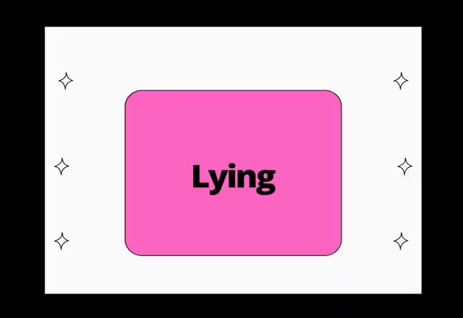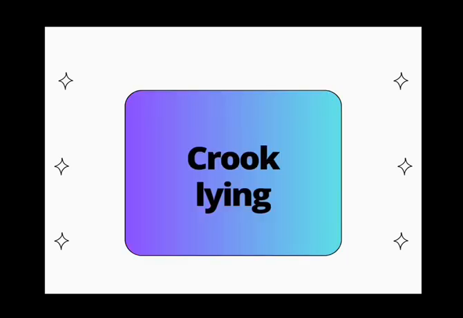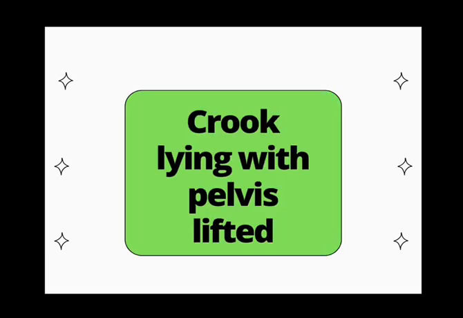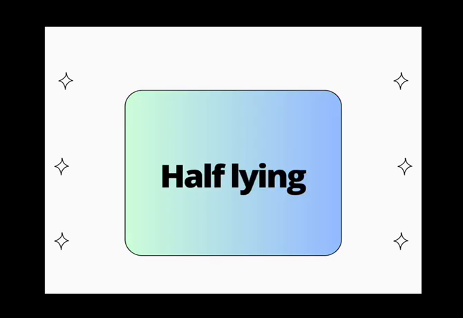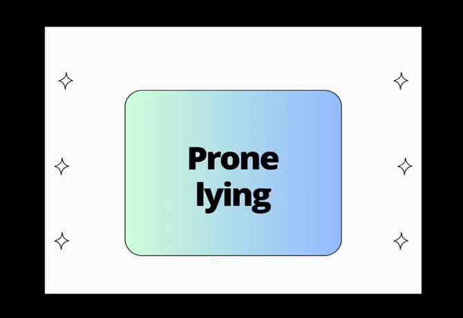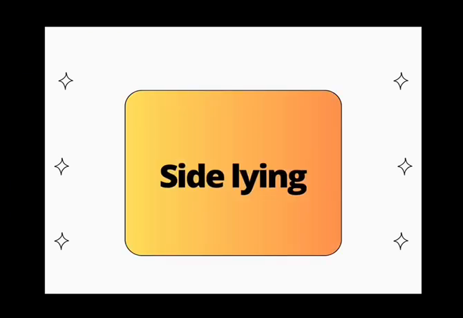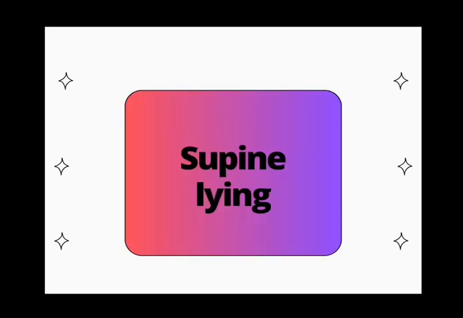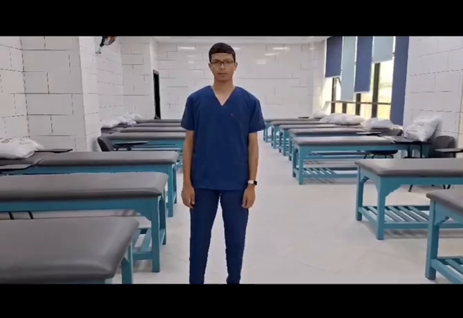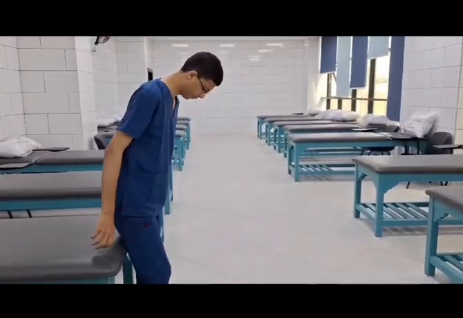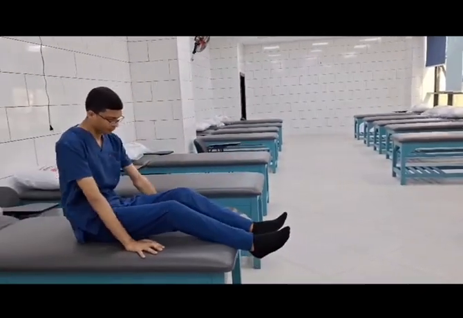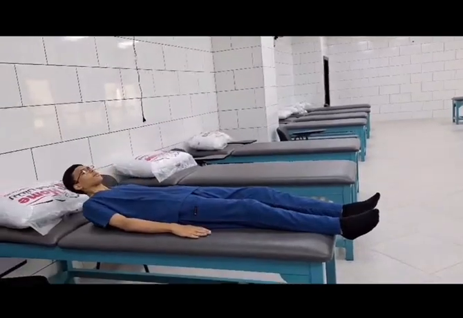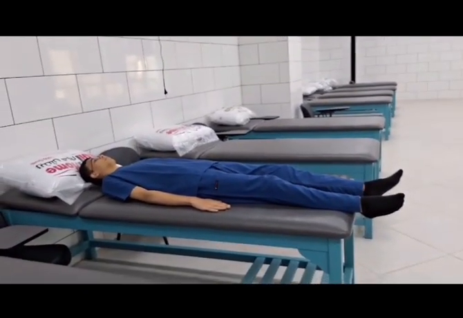Now, I'll focus on positions derived from lying, such as crook lying, crook lying with pelvis lifted, half lying, broad lying, side lying, and finally sit lying. Let me start with spine lying. As we see, the patient lies on his back and his body is erect with head and neck in neutral position.